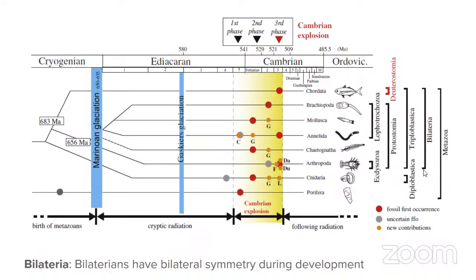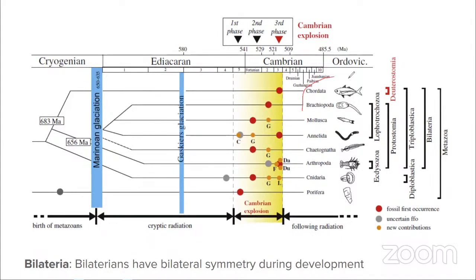So we're going to step in then to think about our Bilateria. This group, the Bilateria, refers to the bulk of our metazoans. Most of them are bilaterian, which refers to the fact that they have bilateral symmetry. So that's where that word comes from for this monophyletic group.